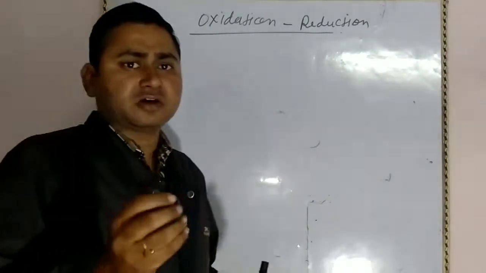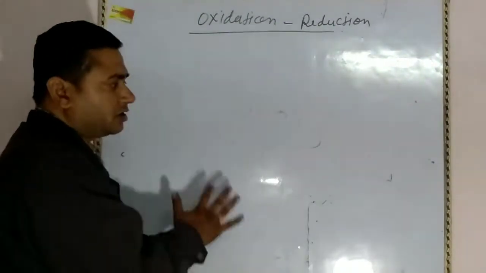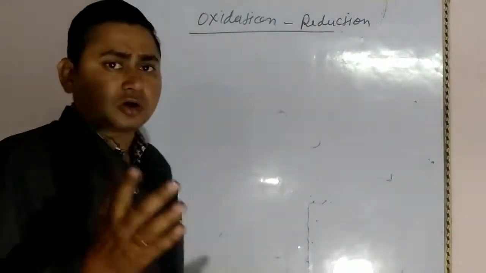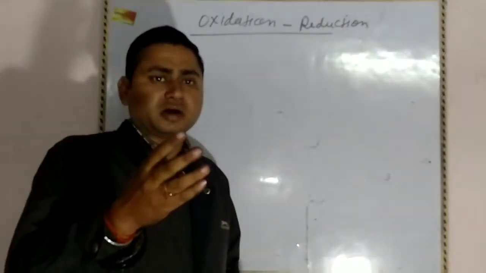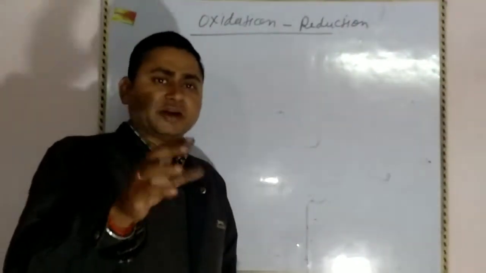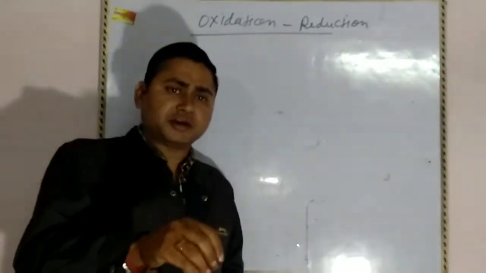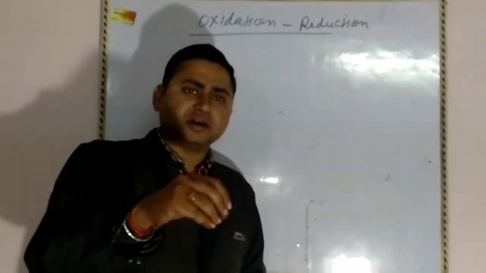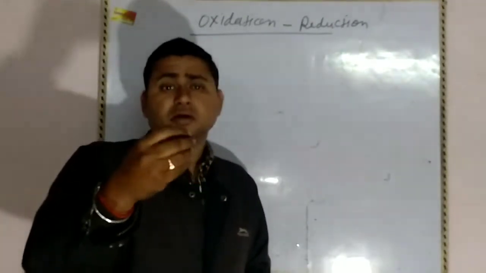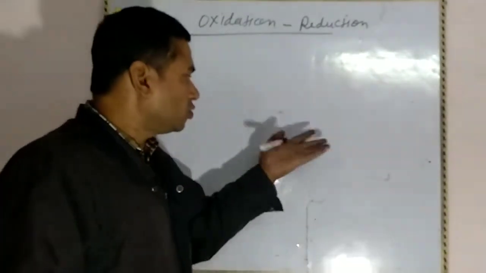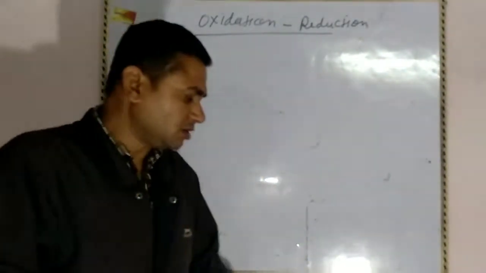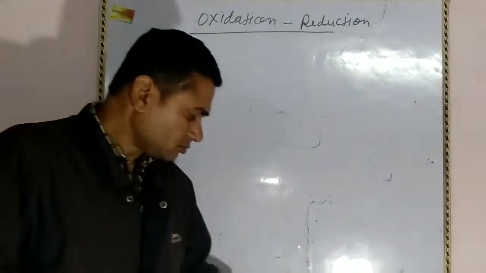So you can identify the oxidation and reduction in one reaction by using oxygen and hydrogen: whether oxygen is being added or removed, or hydrogen is being added or removed.